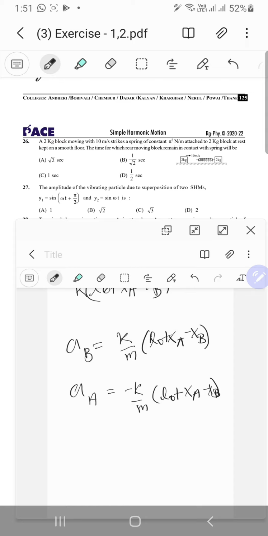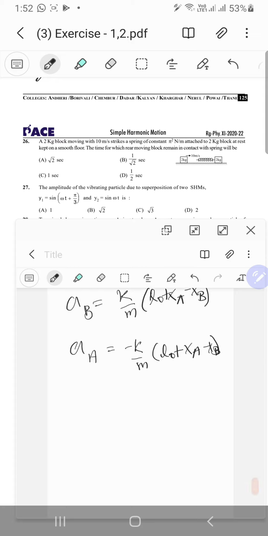But that's not what we want. We want the positions. If we can somehow do that, it will be nice. It will most likely leave when it cannot provide any further force.